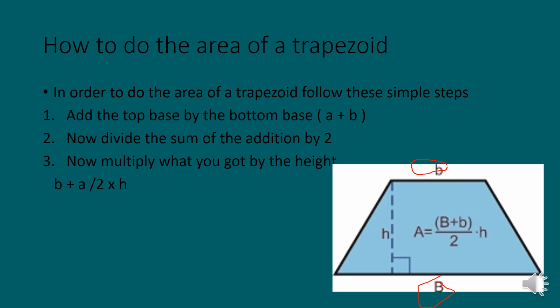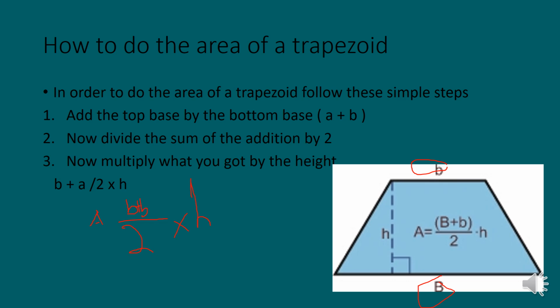Then we divide the sum of the bottom base and the top base by 2. When we divide it by 2, whatever we got, we multiply by the height. And this is what it means: area equals bottom base plus top base, divided by 2, multiplied by the height.